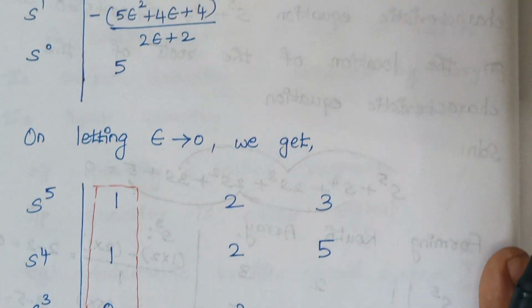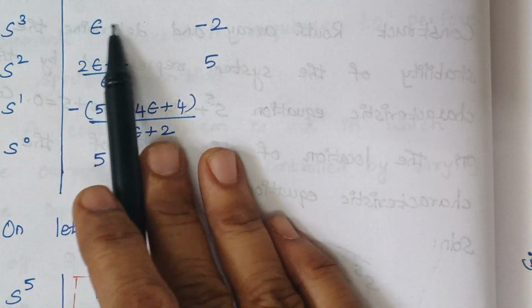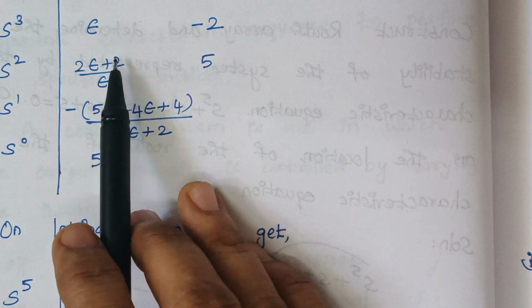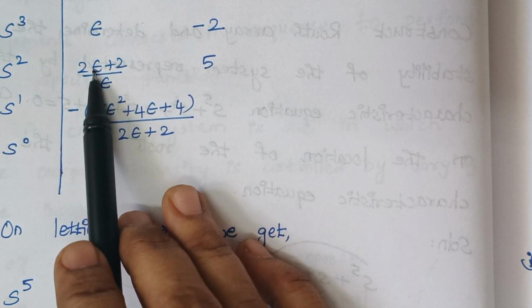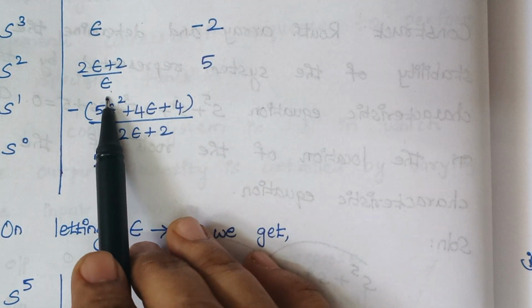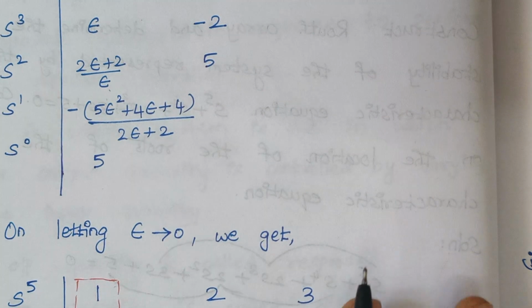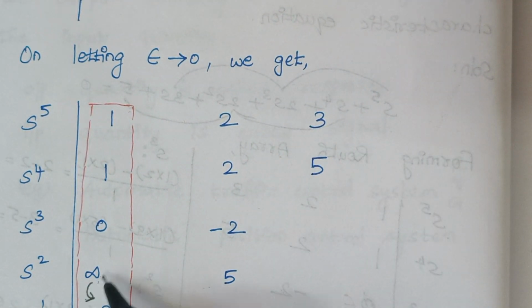You see, here I'll explain. So here epsilon is 0. You can substitute as 0. Here you see, here it becomes 0, right? 2 into 0 is 0. So 0 plus 2 divided by 0. So anything divided by 0 is infinity. So only here I had written the square term, the first term as infinity.